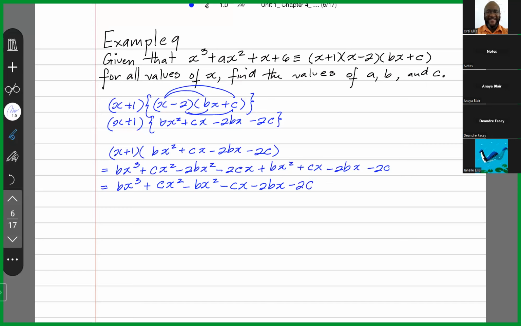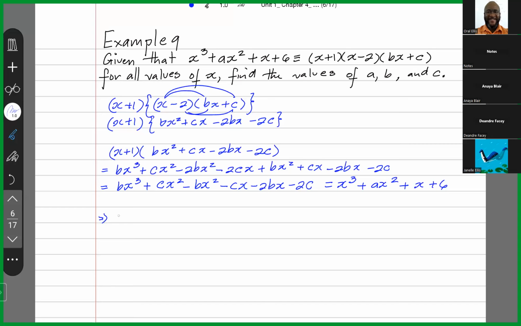Now, we are told that this is equal to x cubed plus ax squared plus x plus 6. All right, let's try and make our life a little easier.